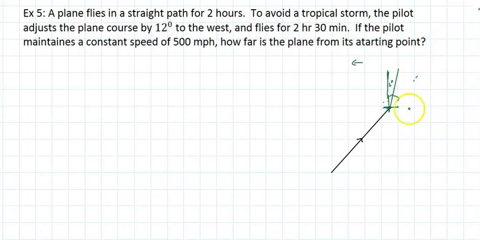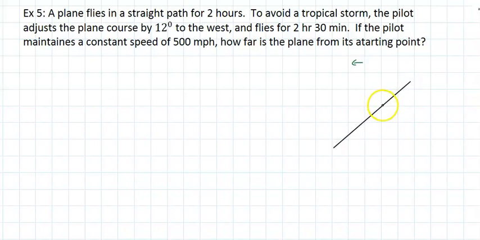Instead of running straight, I can do this better. Here. Assume the pilot is running at this path.